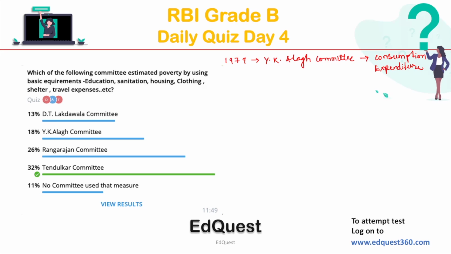Then the next was the Lakdawala Committee in 1993. And it used the criterion of calorie intake, based on consumption expenditure. And the next was the 2004-5 Tendulkar Committee.